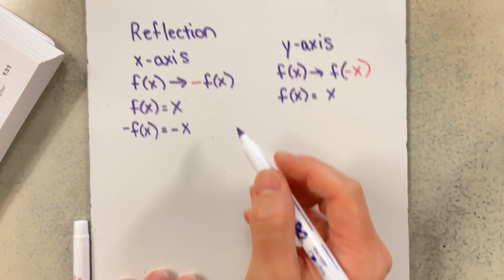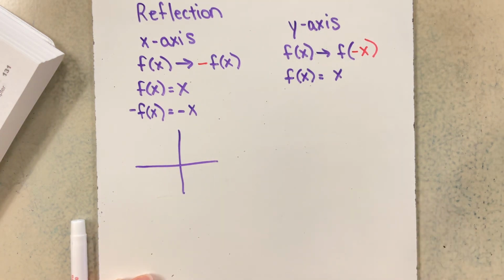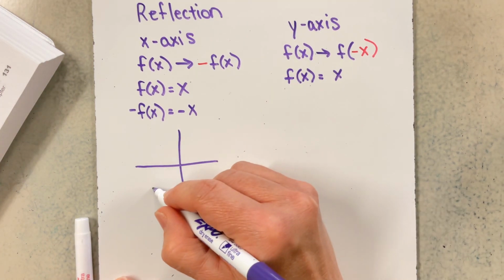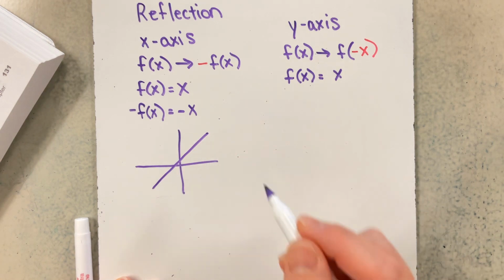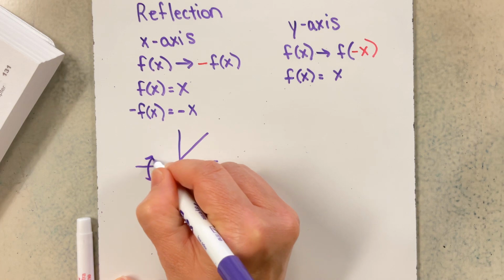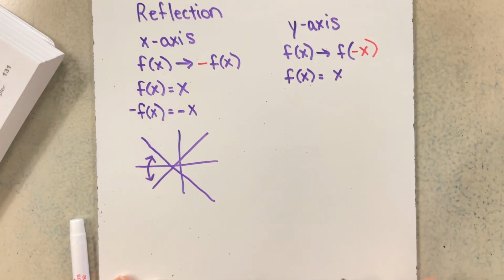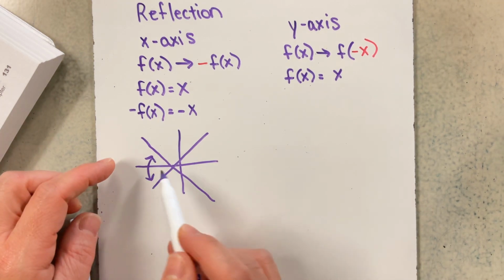This one here, let me sketch it out because I think this picture, the one I'm using, works. But so if this was our original one for the x-axis, what happens is this switches. Okay, so it would look something like that. And you can kind of see that flipping.